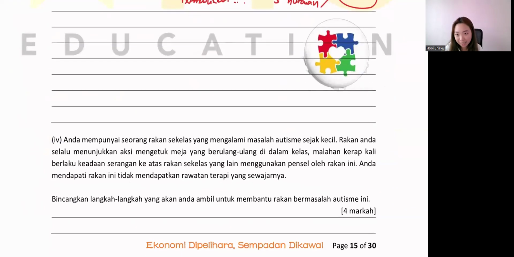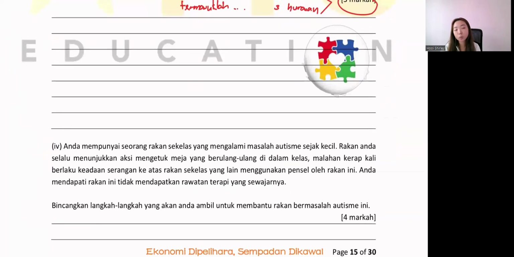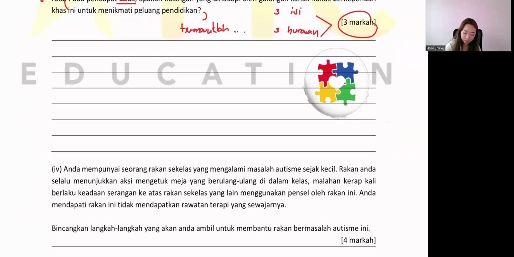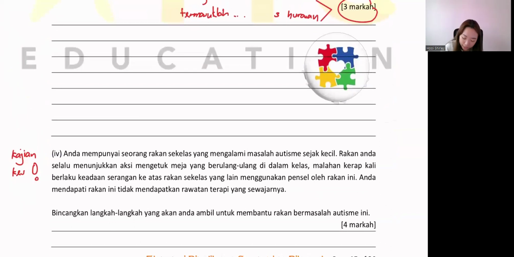But the next one is a case scenario. Question 4 is always a case scenario, kajian kes. They give you the case scenario: "Bincangkan langkah-langkah yang akan anda ambil untuk membantu rakan bermasalah autisme ini."